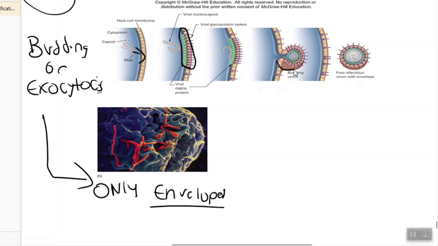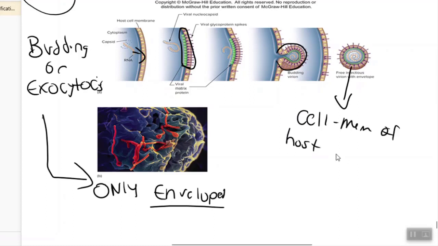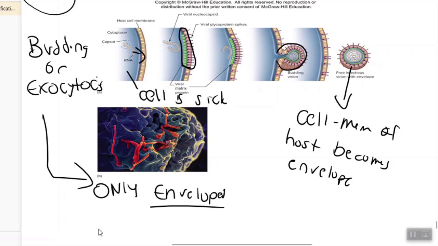As you can see here, it buds out, it picks up a piece of the cell membrane. This becomes the envelope. So the cell membrane of the host will actually become the envelope of the virus. Now, even though the virus is technically not bursting the cell open here, the cell is going to be very sick, so the cell is probably still going to die in this type of infection.